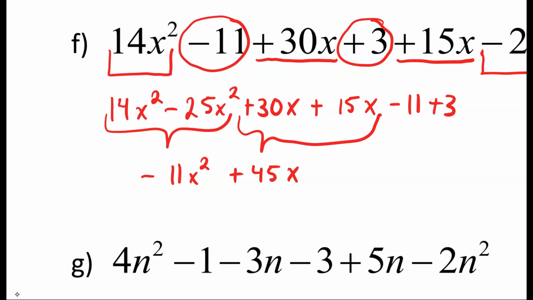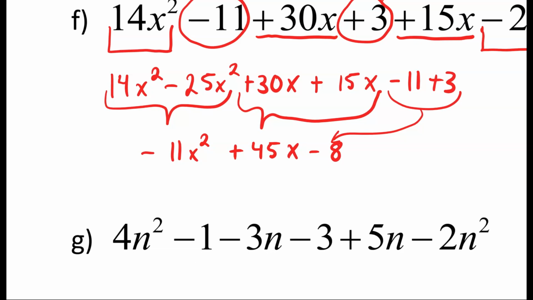And the last part is my negative 11 plus 3. So negative 11 plus 3 leaves me with negative 8. So I've combined all my like terms. The first thing I did though was I put them in order, I grouped them. Then I solved for them by combining them together, doing the adding or subtraction, and I'm left with negative 11x squared plus 45x subtract 8.